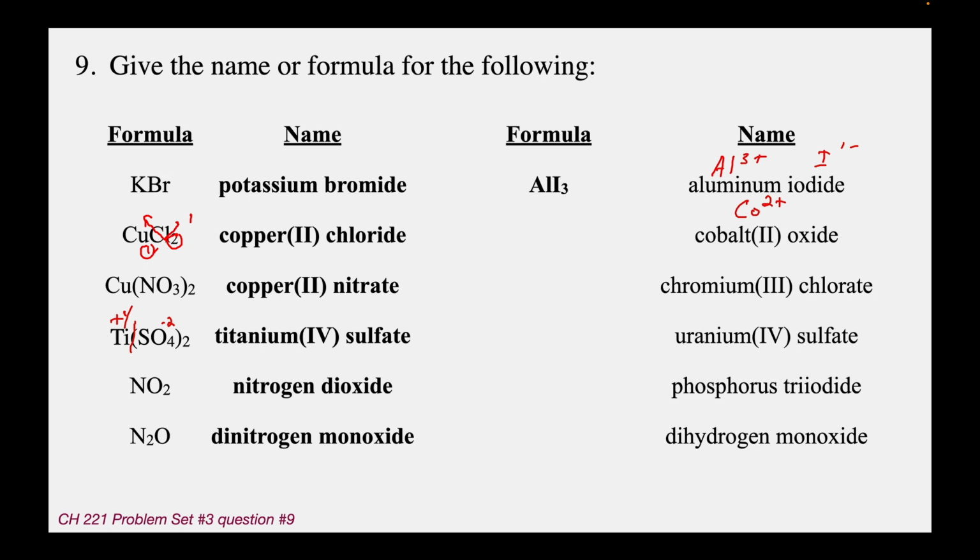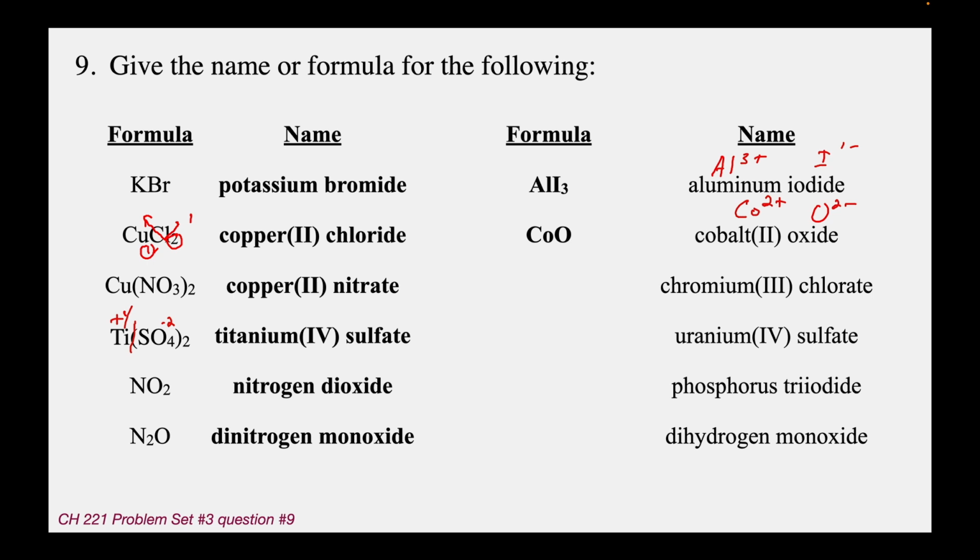Now, oxide comes from oxygen. Oxide is -2. So if you put a positive 2 and a -2 together, those charges will cancel out. Cobalt two oxide will be just CoO. And again, make sure that you have a lowercase o for cobalt there, but a capital O for the oxygen as oxide. Good to go.